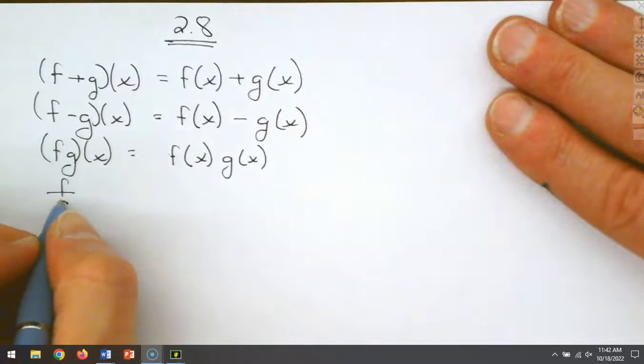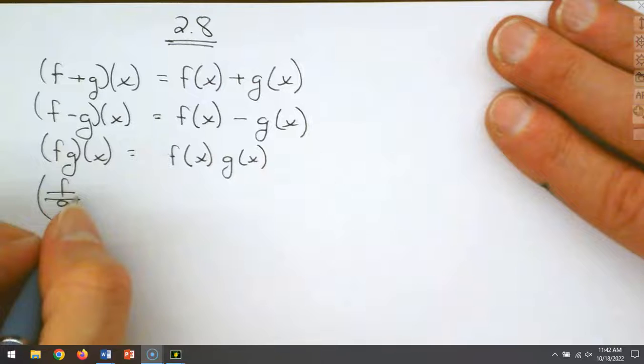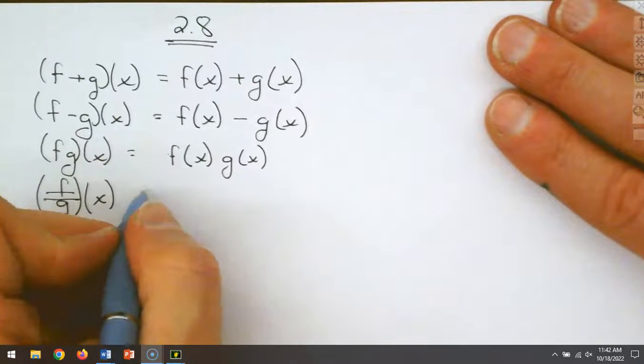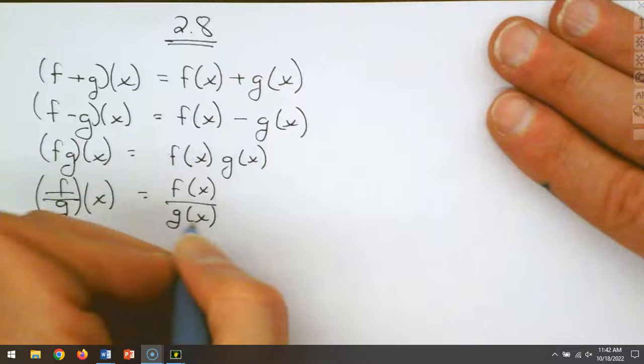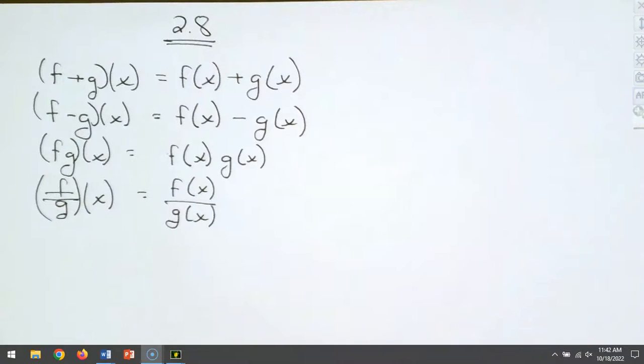And division is the same, which is f(x) over g(x). So all the operations that we do with numbers also apply the same way with these functions. So you can add functions, subtract functions, multiply functions, and divide functions.